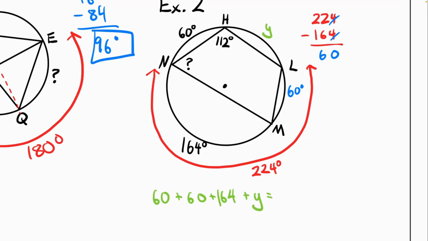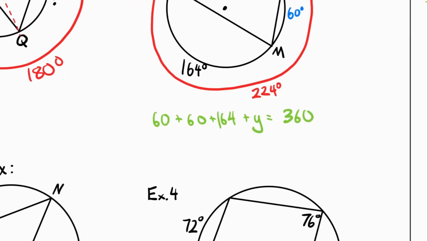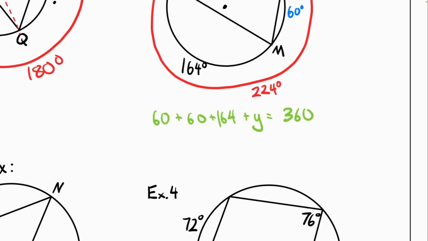Plus y is equal to 360 degrees, because that is the entire outer measure of the circle, which always adds up to 360. And you correctly combined the first two: those two combine to 120. 120 plus 164, 284 plus y is equal to 360. Someone else step in here. Felipe, you want to try to join us? 284, you want to subtract from both sides?